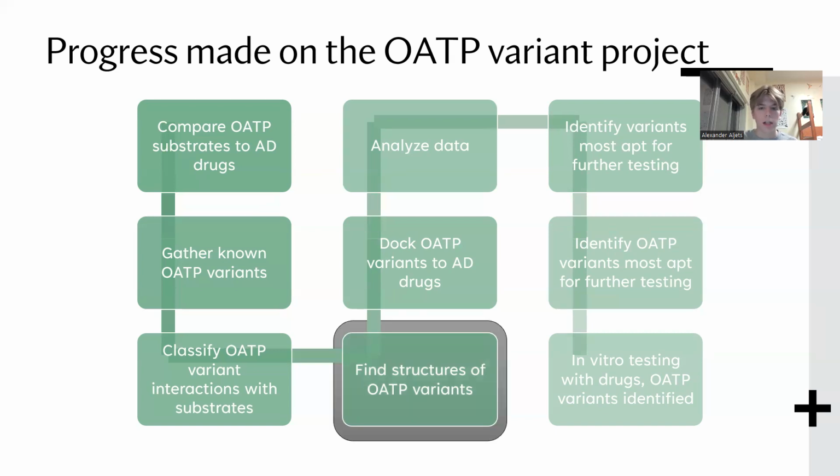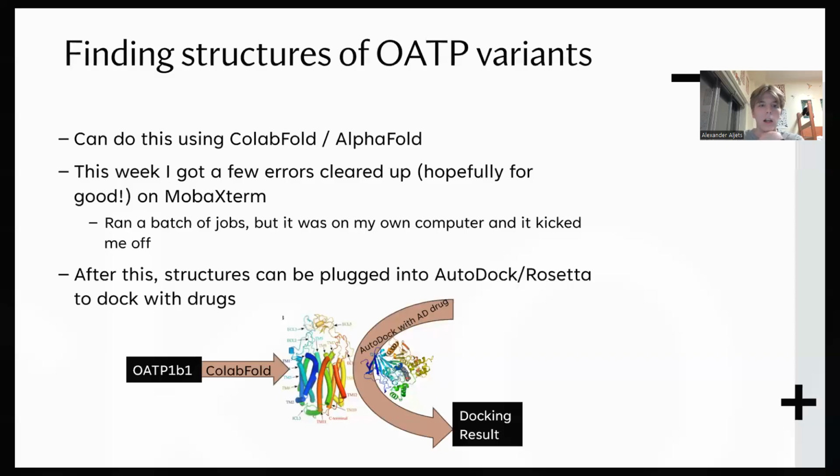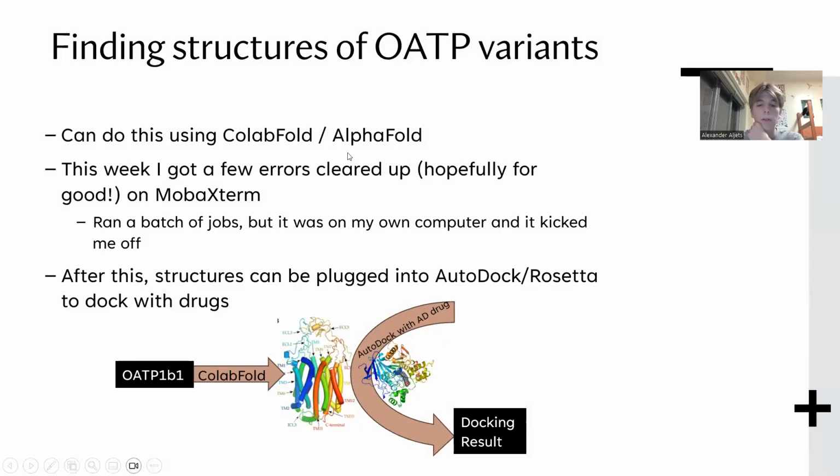So right now, I am on the step of finding the structures of the OATP variants using ColabFold, or AlphaFold kind of. For the progress I'm making on that, I got a few errors cleared up in the OATP group meeting on MobaXterm with Anaconda not cooperating.